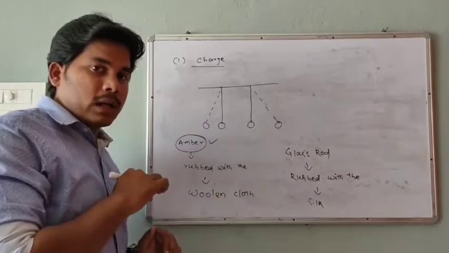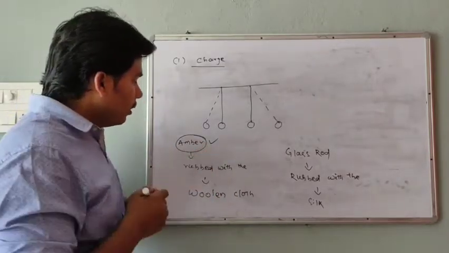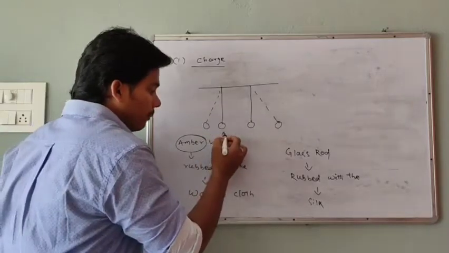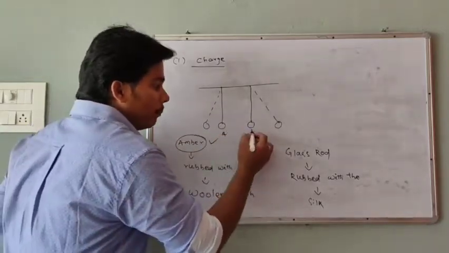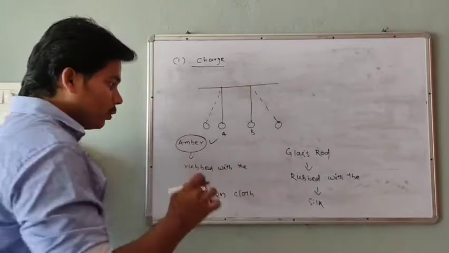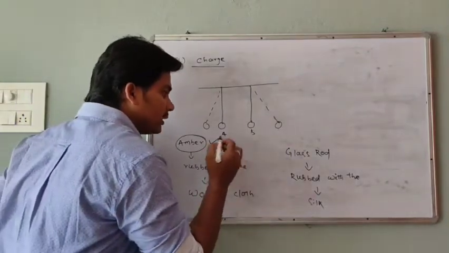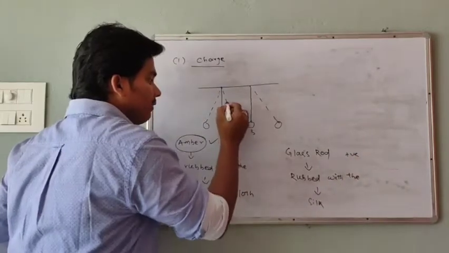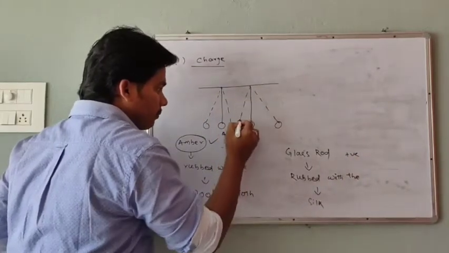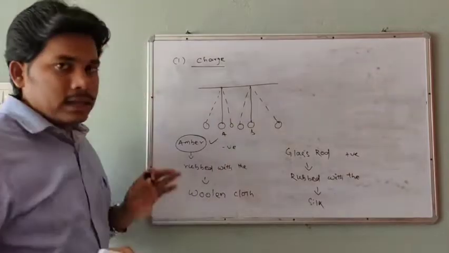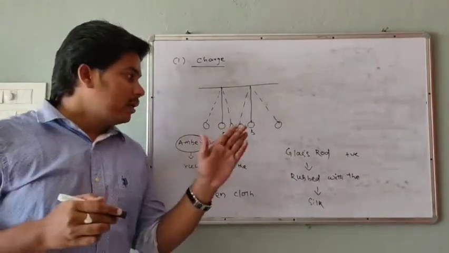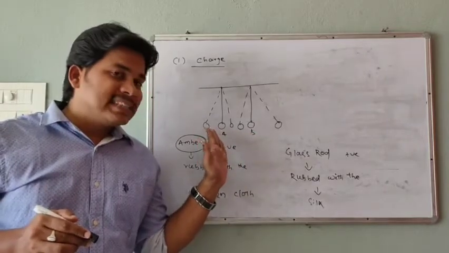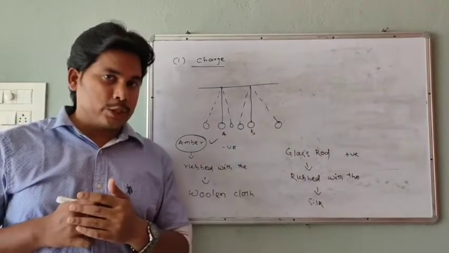But now we will rub the amber with the woolen cloth, and we will touch pendulum A with the amber and pendulum B with the glass rod. As we know, the amber is negatively charged and the glass rod is positively charged. Then what will happen? They will attract each other. This means the opposite charges attract each other and similar charges repel each other.